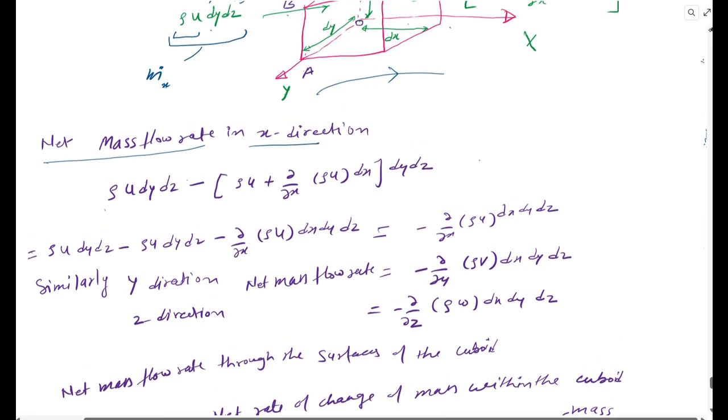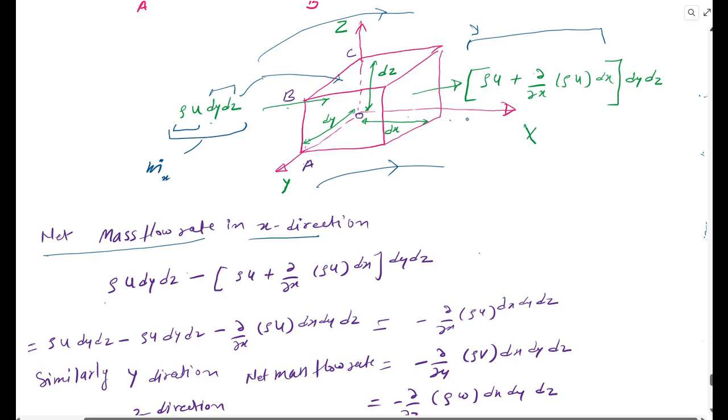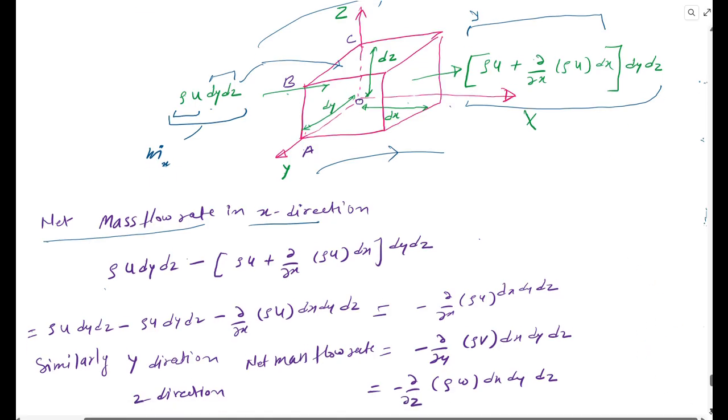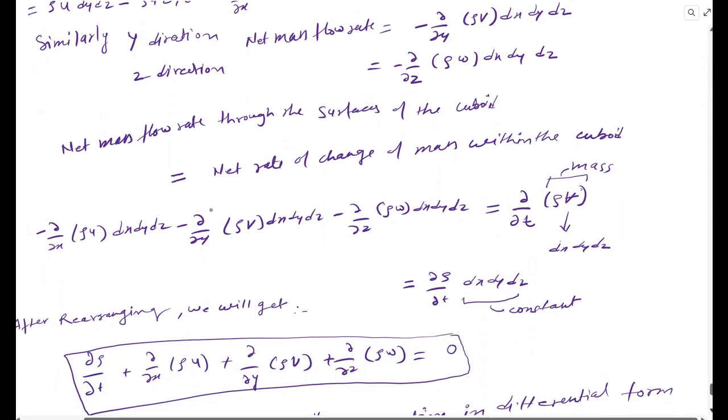Mass is coming in through this face and going out through this face. The difference of these is the net mass flow rate in the x direction.